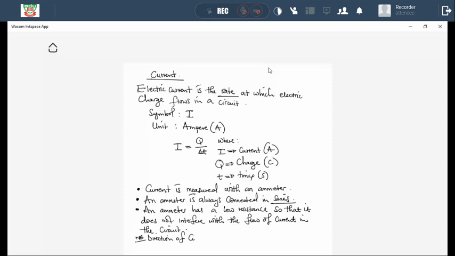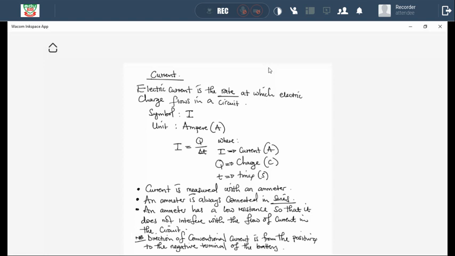Direction of conventional current is from the positive terminal to the negative, is from the positive to the negative terminal of the battery.